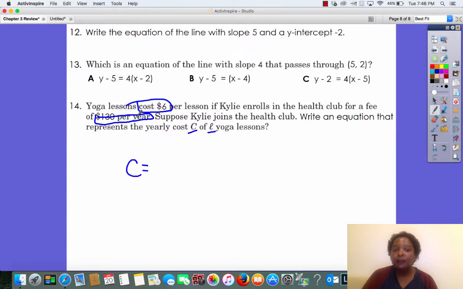So this is my cover charge. This is my constant. What's going to change is how many yoga lessons she takes. Well, we know it's $6 per lesson, and we're going to use L to represent each lesson. So if she takes no yoga lessons at all, she's out $130. If she takes one, it's $130 plus 6, and so on and so forth. So here's my equation to figure out her cost.